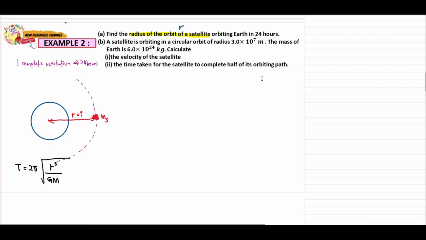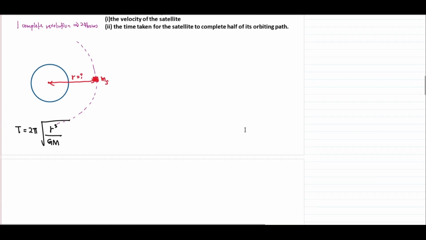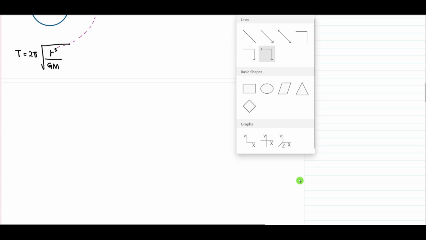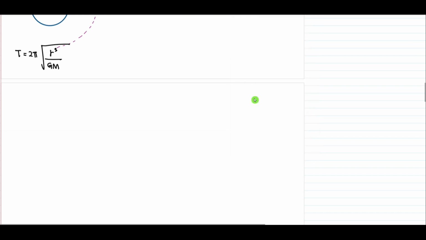But before we start our calculation, I want to discuss a little bit about the derivation of the equation. So look at here. Let's say we have a satellite orbiting the Earth, for example here. Okay, so this is the orbital path.